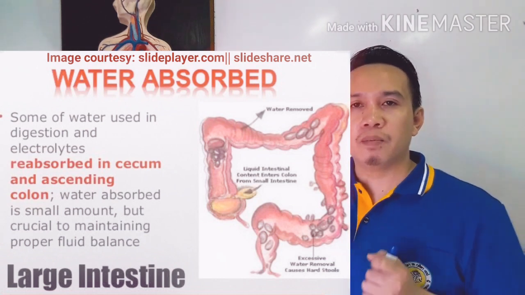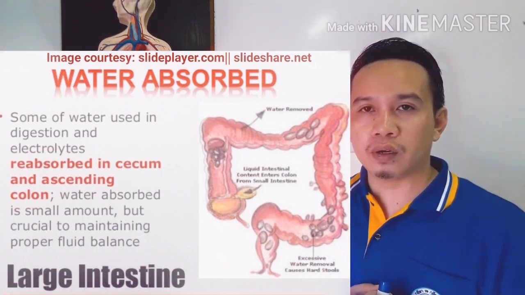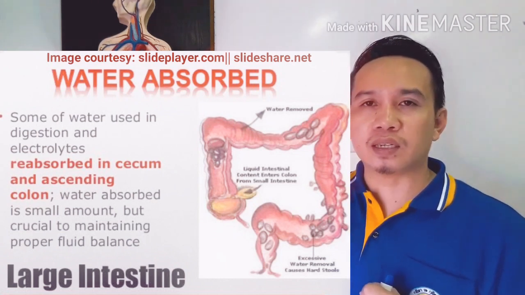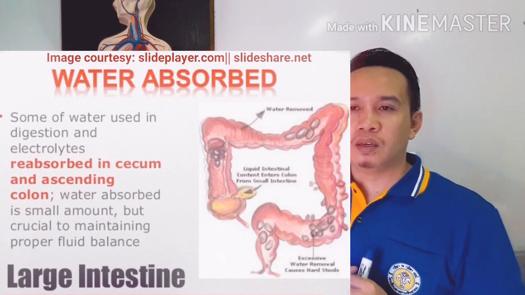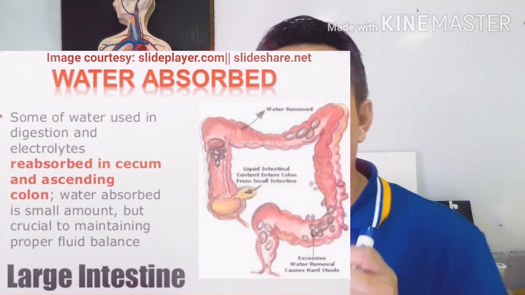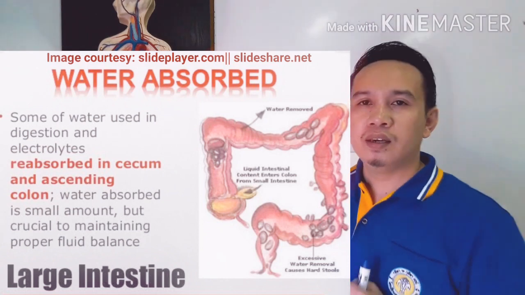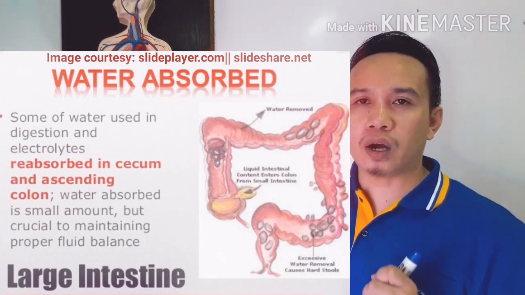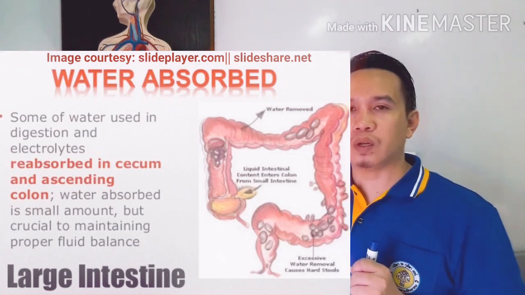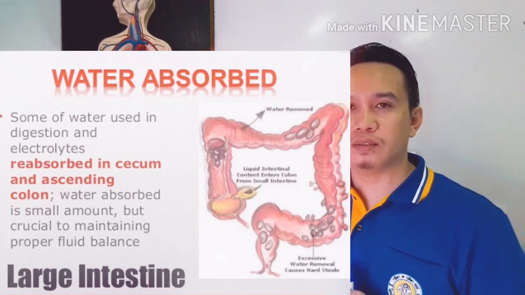That anus plays an important job during defecation, in which feces come out. Once water, minerals, and vitamins are absorbed by the large intestine, the undigested food is discharged as feces through the anus, and that is what we call defecation.